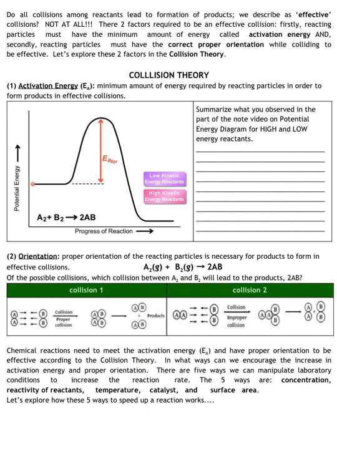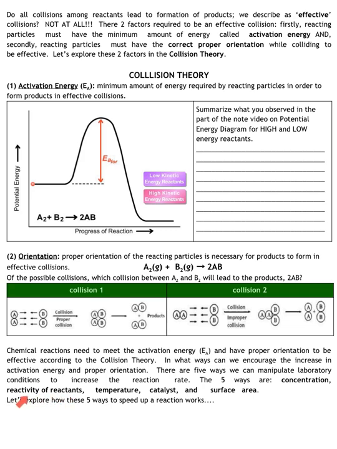Now, chemical reactions need to meet both the activation energy and the proper orientation to be effective collisions according to the collision theory. In what ways can we encourage the increase of activation energy and proper orientation? There are 5 of them. We can manipulate concentration.